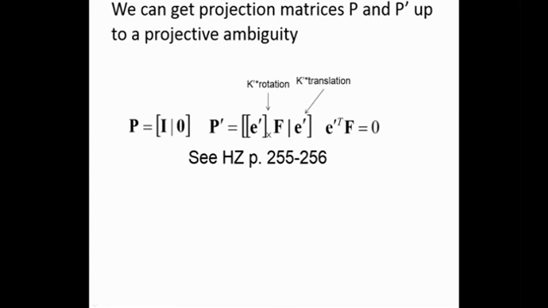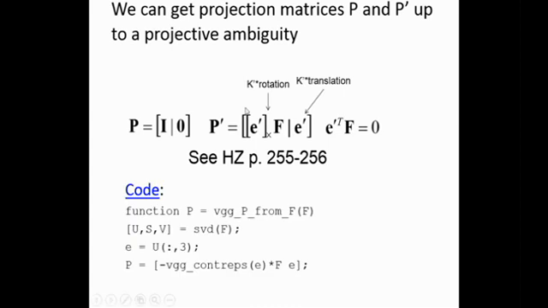We only know it up to some factor that depends on the intrinsic parameters. But we can solve for this projection P, using this code from VGG, which is the Visual Geometry Group. I think this is the skew symmetric matrix of e times F, and then e, where e is the right null vector of F.